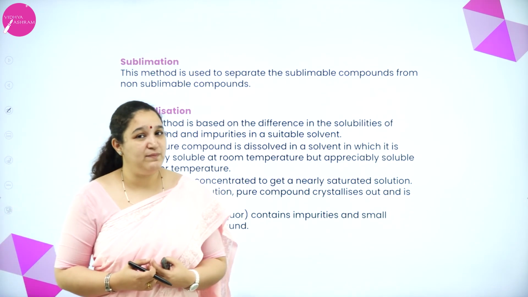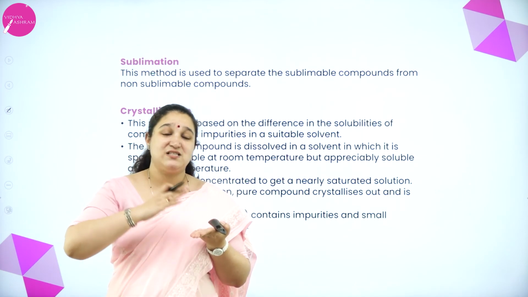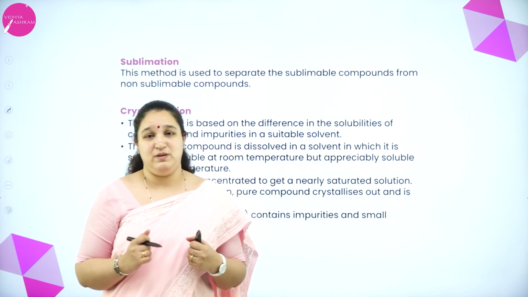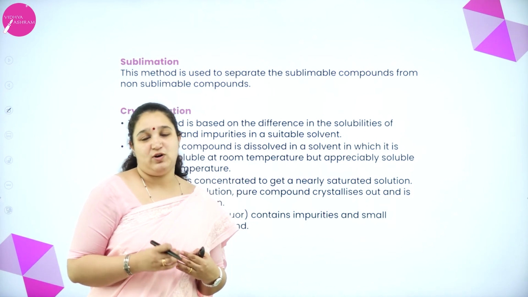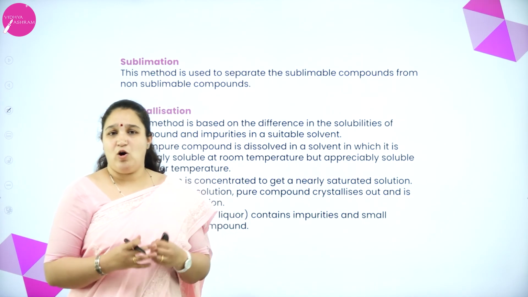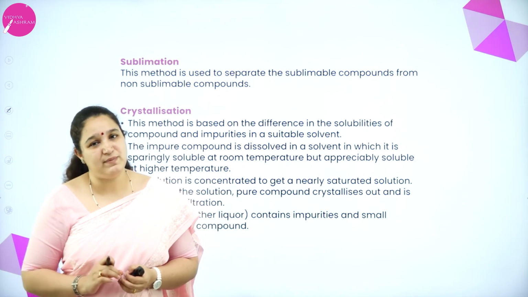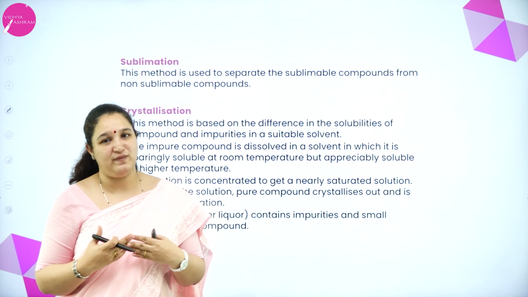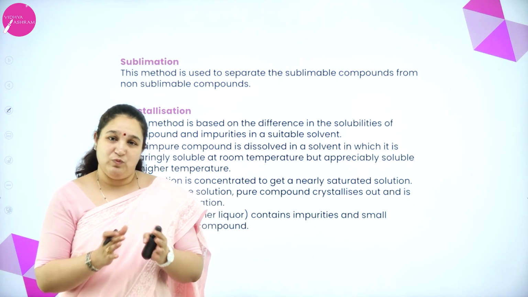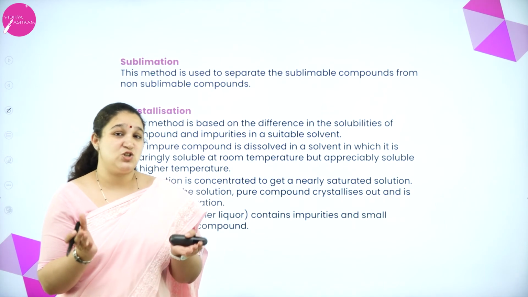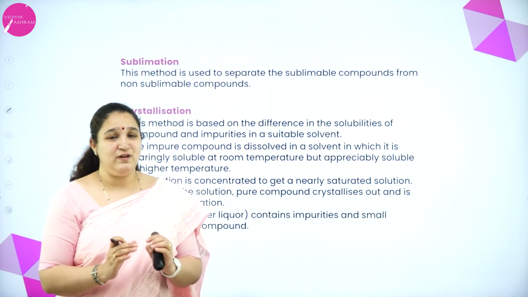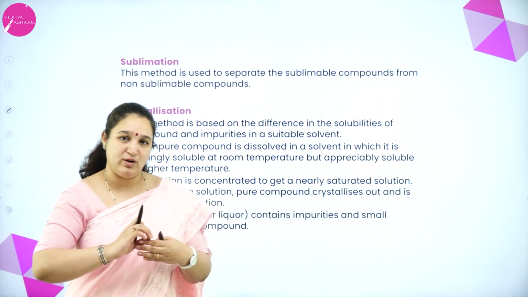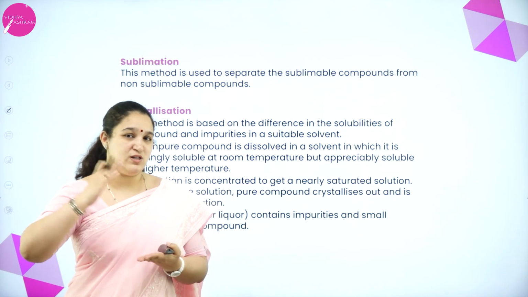Okay. So what is sublimation? Now what is the meaning of sublimation? When a solid gets converted into a gaseous state directly, then we call that process sublimation. In the method of purification of organic compounds, for example, if my organic compound is the one which undergoes sublimation very easily, then the compound which is prepared, which has impurities with it, will be made to undergo sublimation so that your organic compound gets converted from the solid state to the gaseous state.